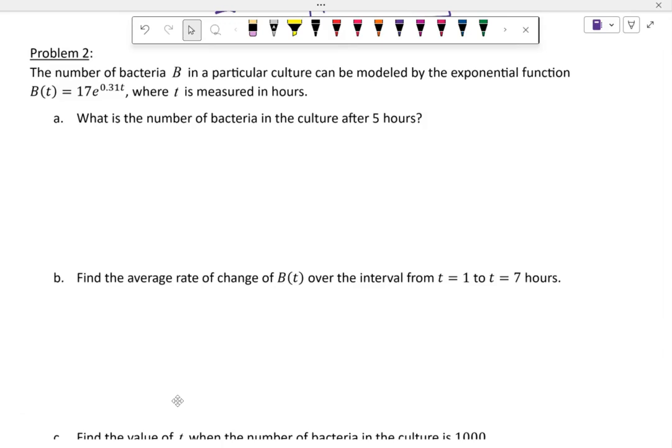The 31%, 0.31, right? Because that is our r. It's P times e to the rt. Now, it says, what is the number of bacteria in the culture after 5 hours? You guys should be able to do that, right? We have our function, finding it after 5 hours. So all we need to do is plug in 5. So go ahead and find B of 5.